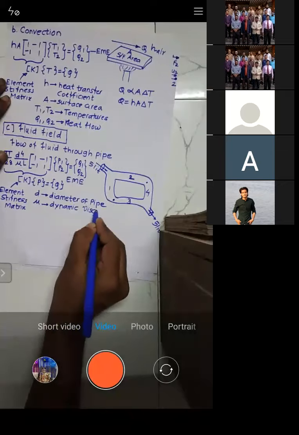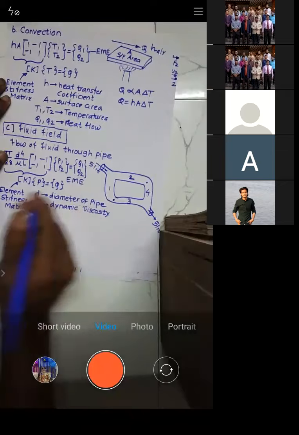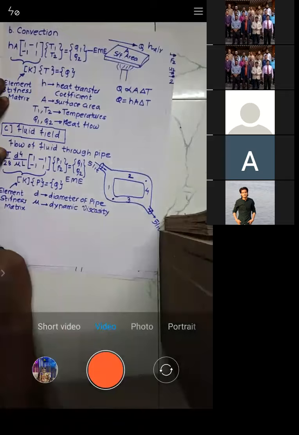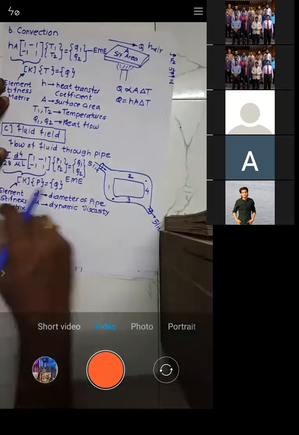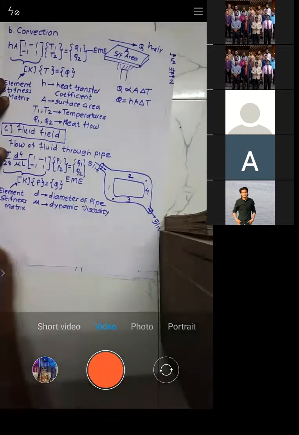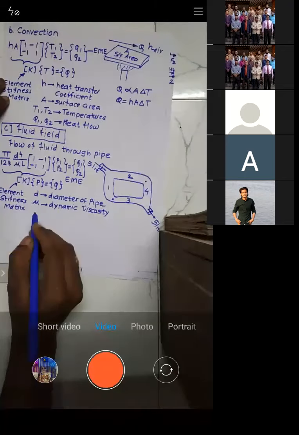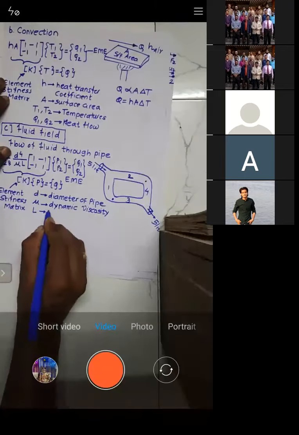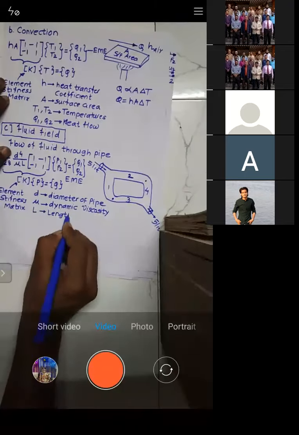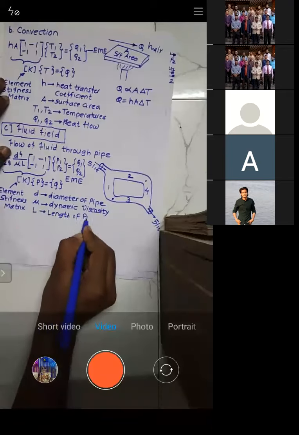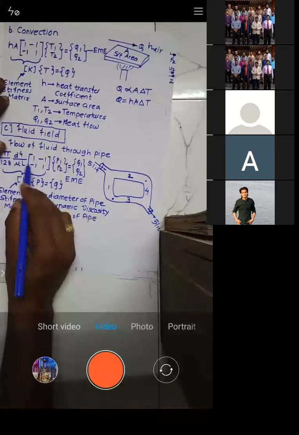There are two types of viscosities, kinematic and dynamic, and this is dynamic viscosity. In heat transfer also you will need to use this viscosity. L is the length of the pipe.